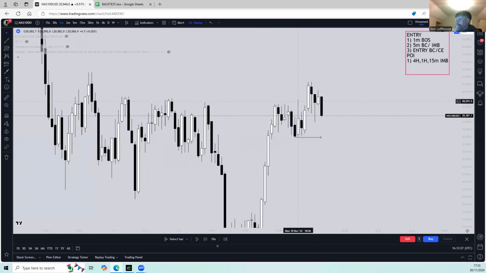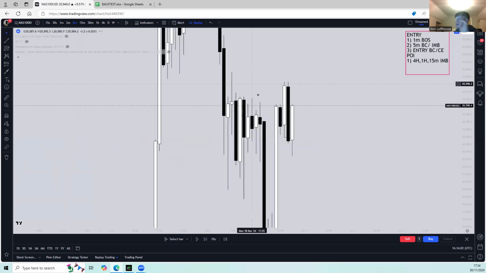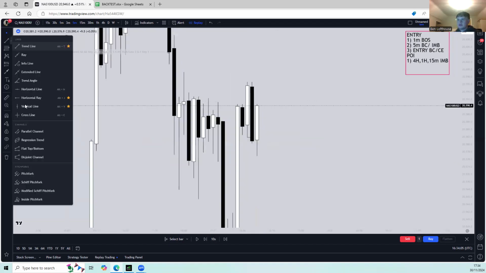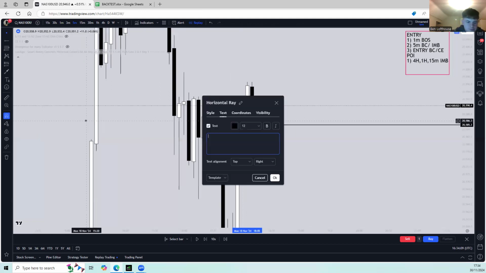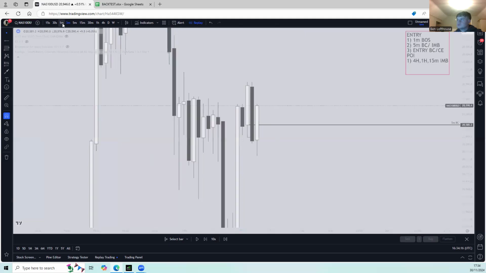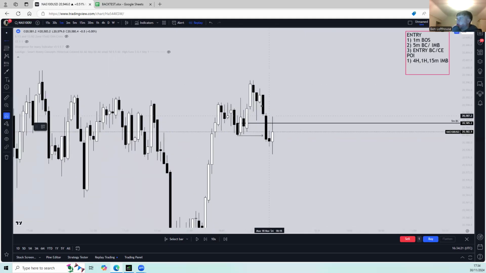Swept the highs here, took the low. And what do you know? You've got a 5 minute engulfing anchor candle. We've got a 1 minute candle here.